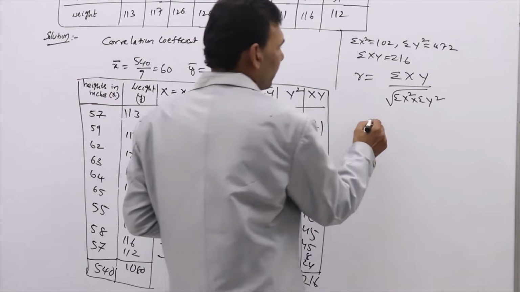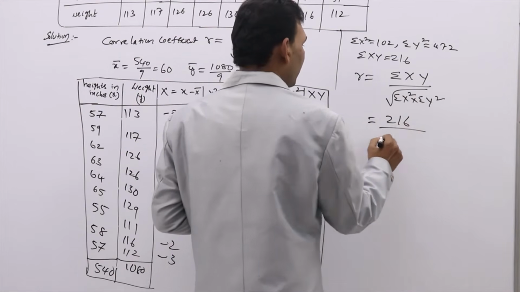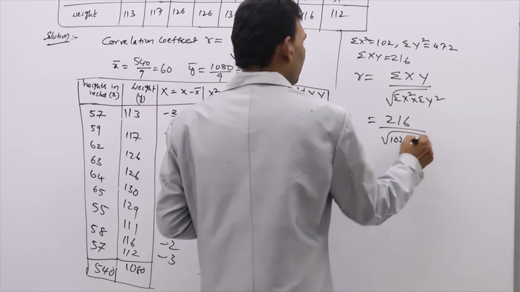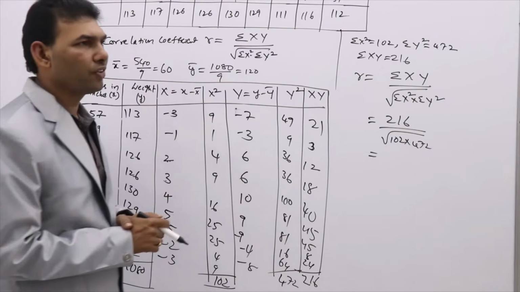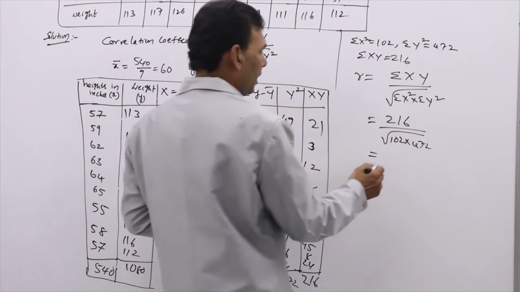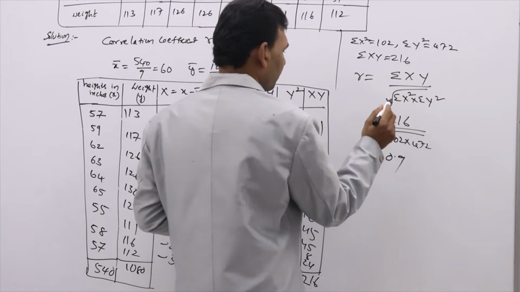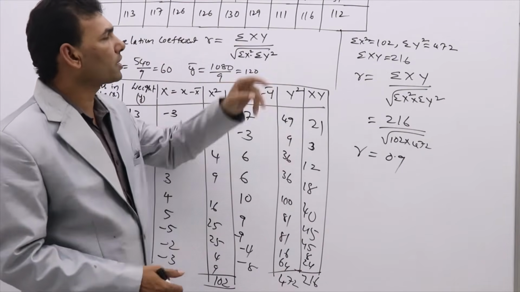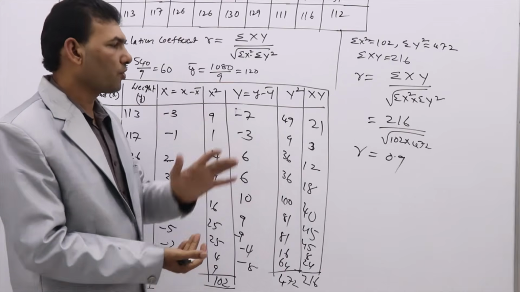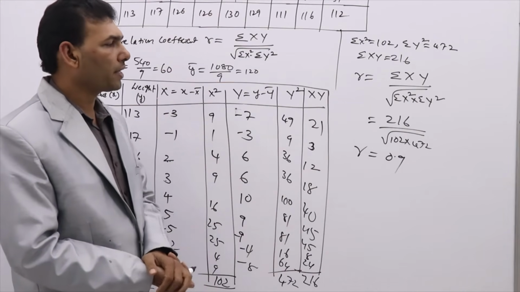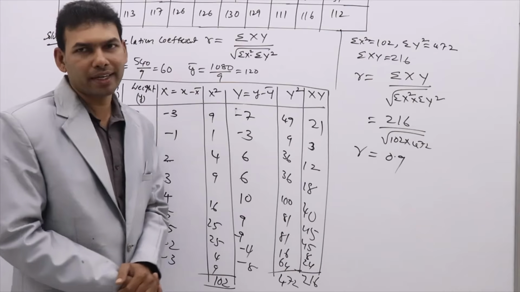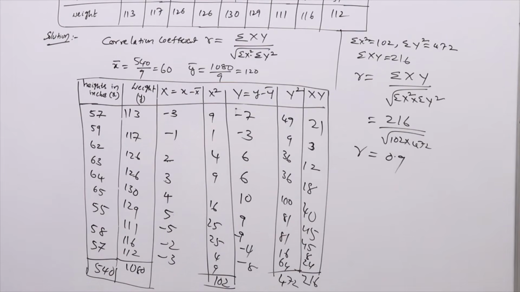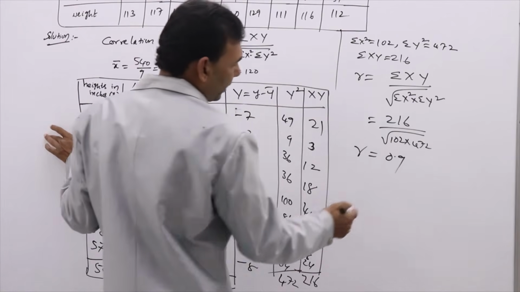What is sigma xy? 216 by square root of 102 into 472. So the value we get is the coefficient of correlation for the given data. It is a positive value. Use your calculator and you will get the final answer, small r, 0.98.